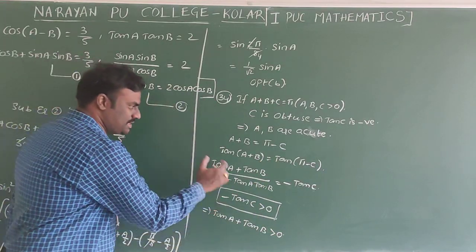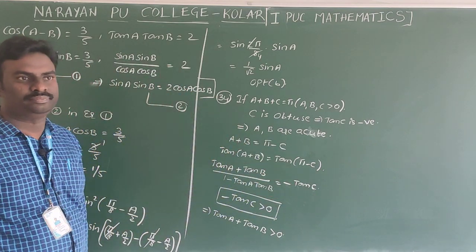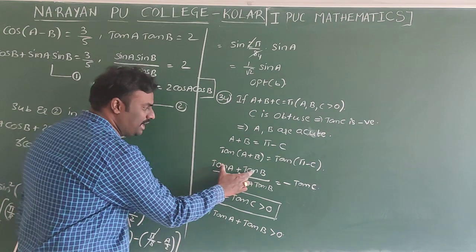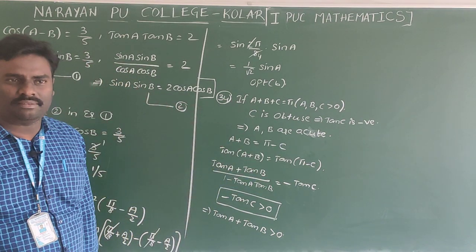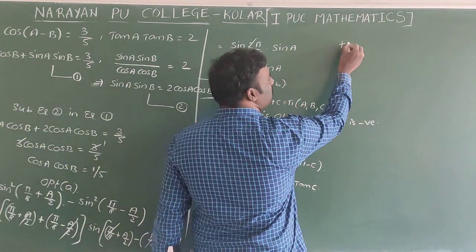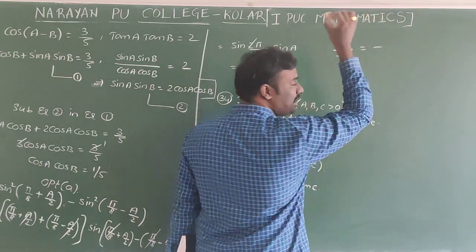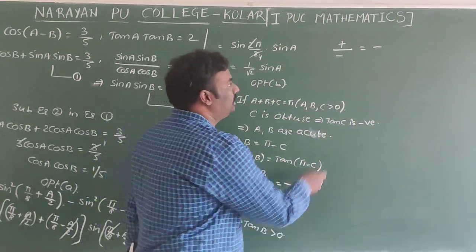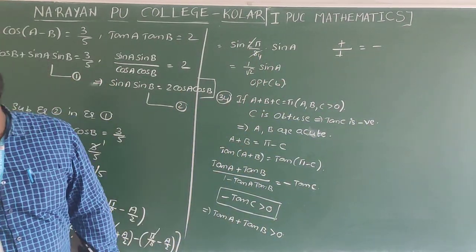Now, the ratio is positive, already we got. In that ratio, the numerator is positive. Then obviously, what about the denominator? If the numerator is positive and the denominator is negative, overall it will be negative. But the right side value is positive. Then compulsorily the denominator value should also be positive.